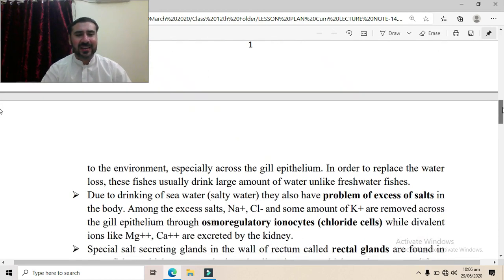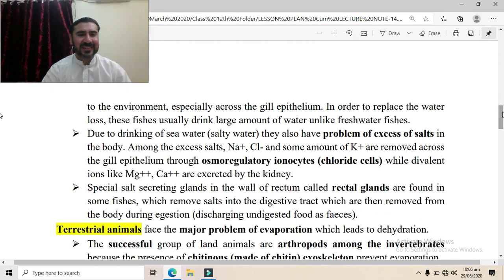Now they drink a large amount of water to replace the lost water, but there is another problem, the excess of salts, because when they drink a large amount of water, more salt will move inside the body. Now the salt concentration will be increased.